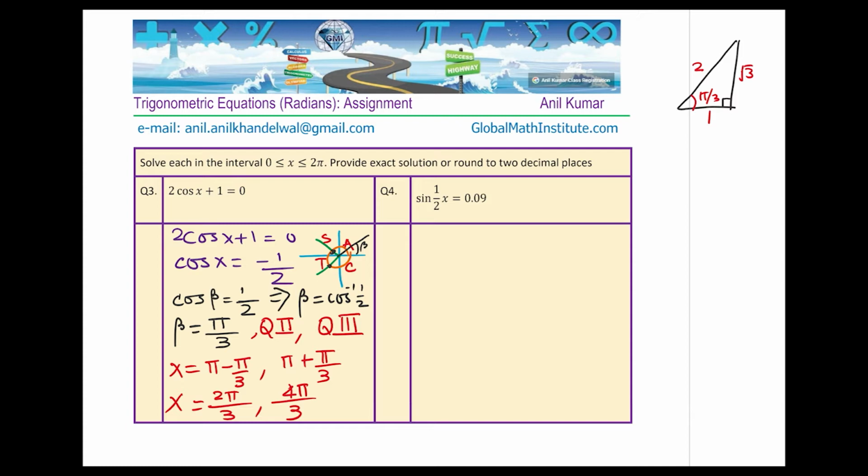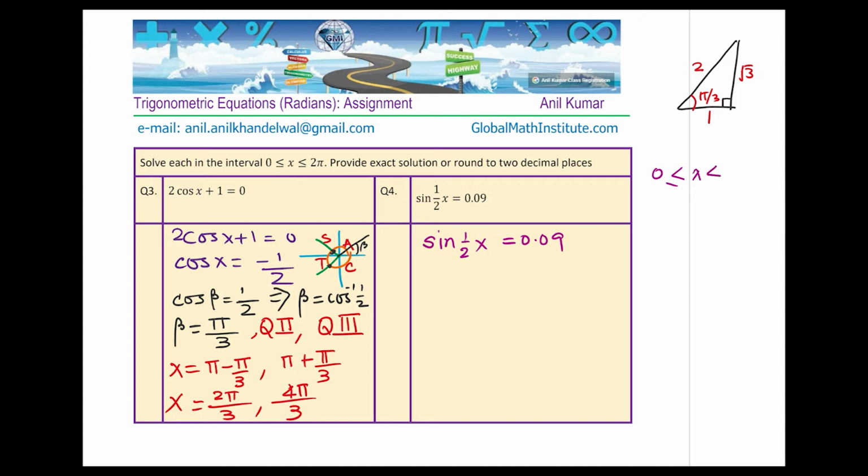I hope that is absolutely clear, right? Now let's look into the next question, which is sine of half x equals 0.09. In this, the domain will change because now the argument is half x. So let's understand this change of domain.